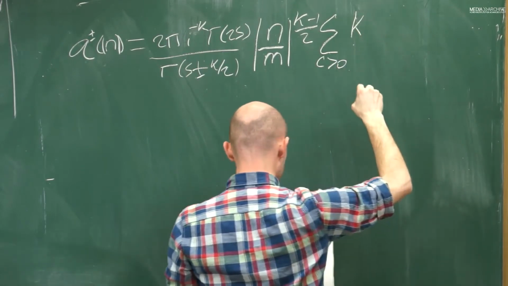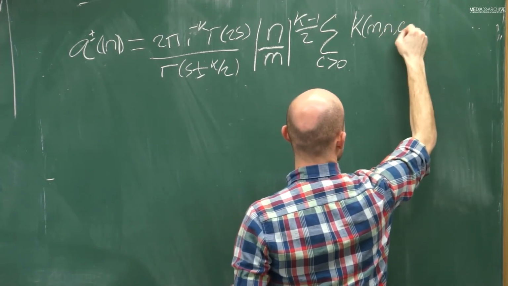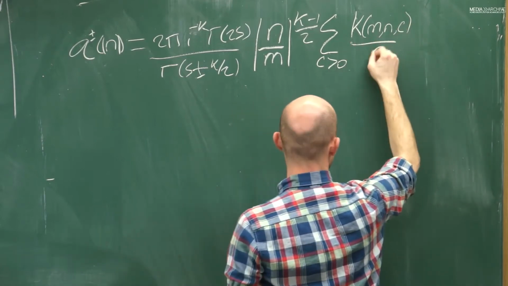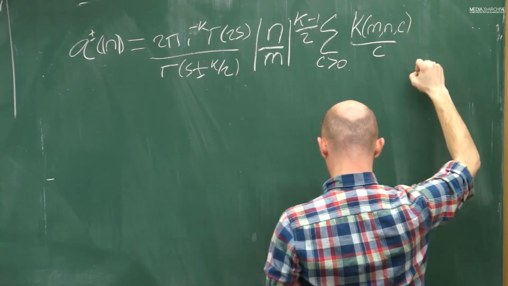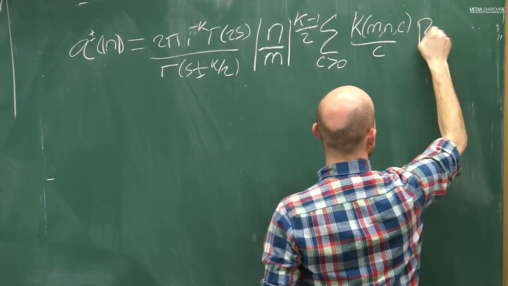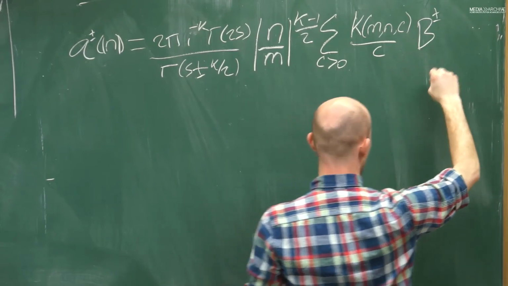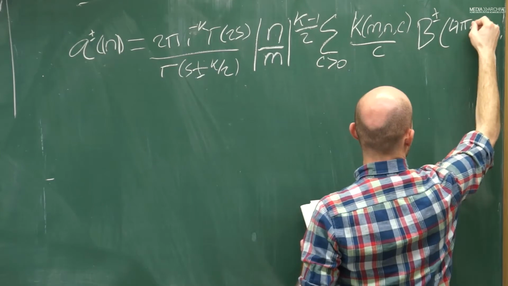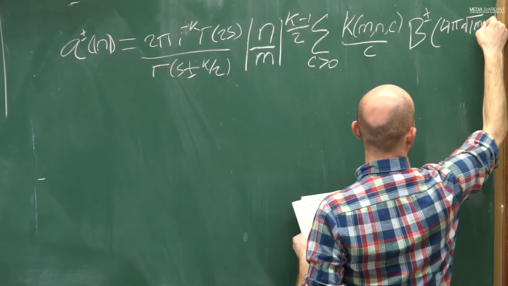Here I'll have a Kloosterman sum. And then here I will have a Bessel function. In just a moment, I'll write which Bessel function. The argument will be 4 pi square root of absolute value of mn.